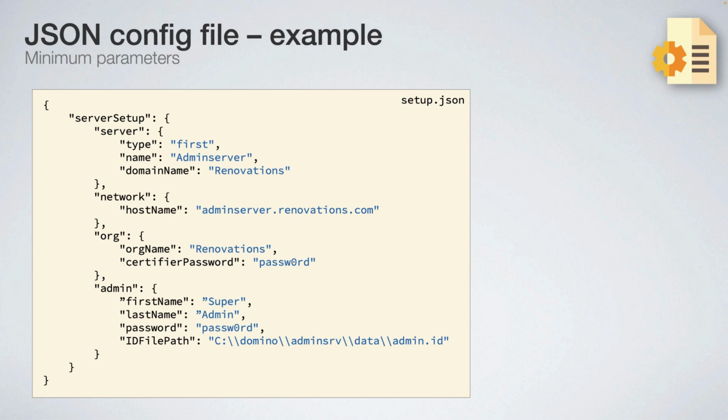So this is the setup file, and if you pass it to server.exe, it will create, as you can read, the first server in the domain. The name will be admin server, domain name, this is the host name, cert ID password, super admin password, and store admin this file. Done.